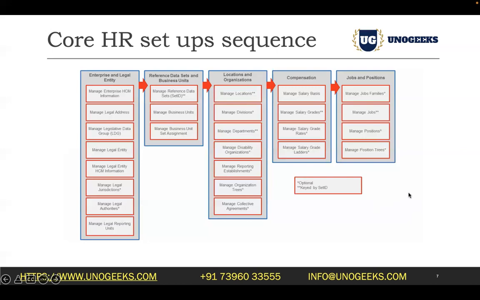So if it's 60,000 per year, you create a salary basis, and based on the configuration that you do in the salary basis, the basic pay component for an employee would be determined. So if it's 60,000 per year, it would be 5,000 per month. And on top of it, if the employee is eligible for any additional allowances, yes, they would also be paid along with it. So the salary basis would basically determine what his base compensation is going to be, excluding allowances.